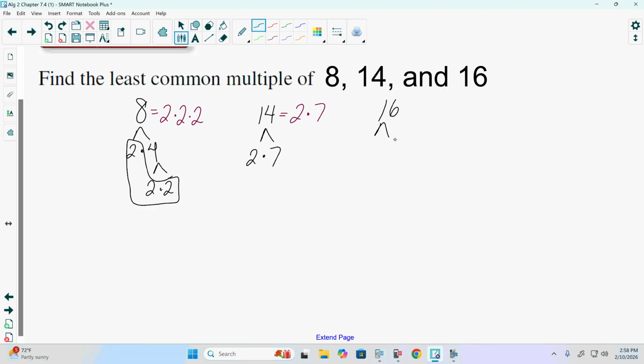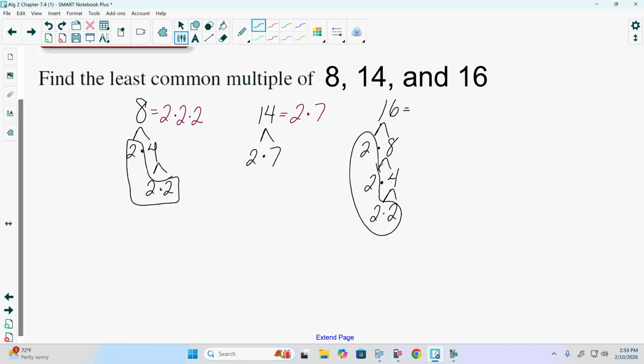Let's look at our last number, 16. I always start with 2. It's going to be 2 times 8. Now, if 2 didn't work, I go to 3, 5, 7. We work our way up the primes. Now, 8, we already said is 2 times 4, and 4 is 2 times 2.